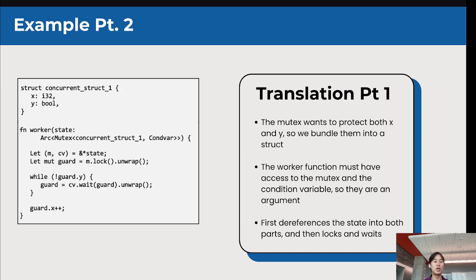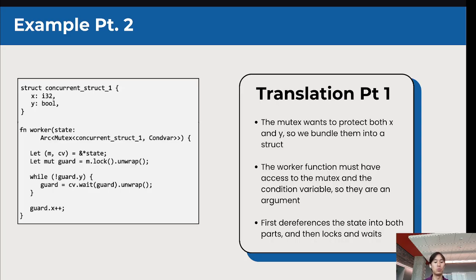And we can see because worker accesses the mutex, it needs to have it somehow. And that somehow is through an argument. We pass the mutex as an argument into worker, and then we have to dereference it into its two separate parts, which is the concurrent struct and the convar. This convar is the condition variable in C++.